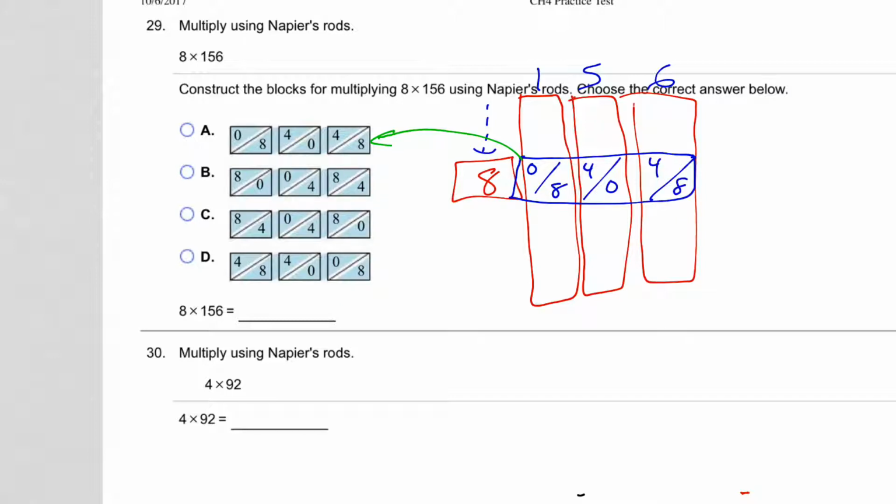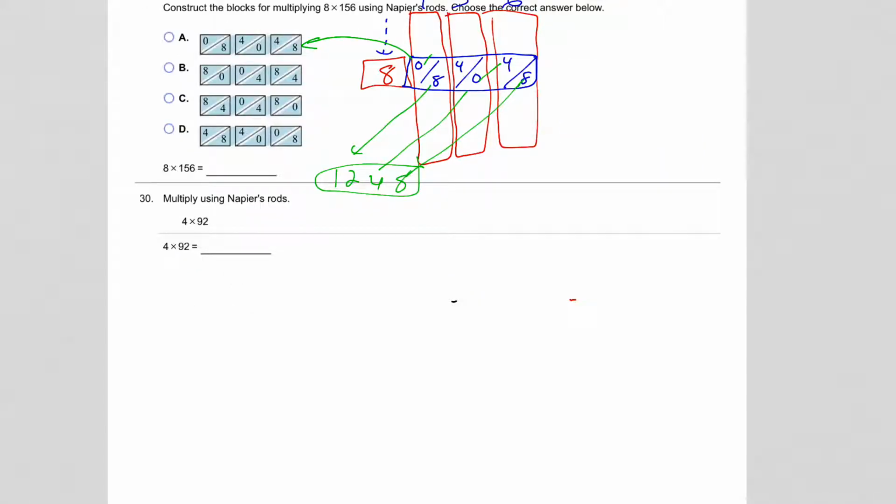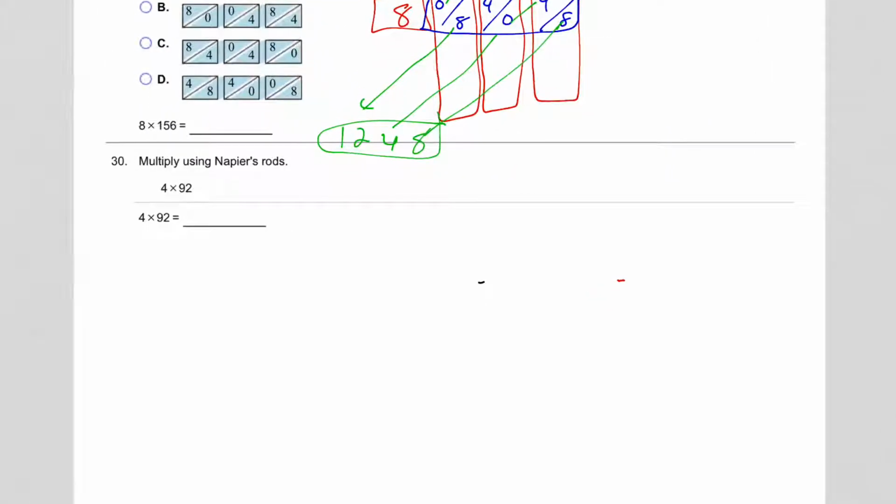Now, what's the final answer as far as multiplying? Well, we have 8, and these two make 4. These two make 12, carry the 1, 1248. Okay, so the last thing, you would just do 4 times, basically like that.